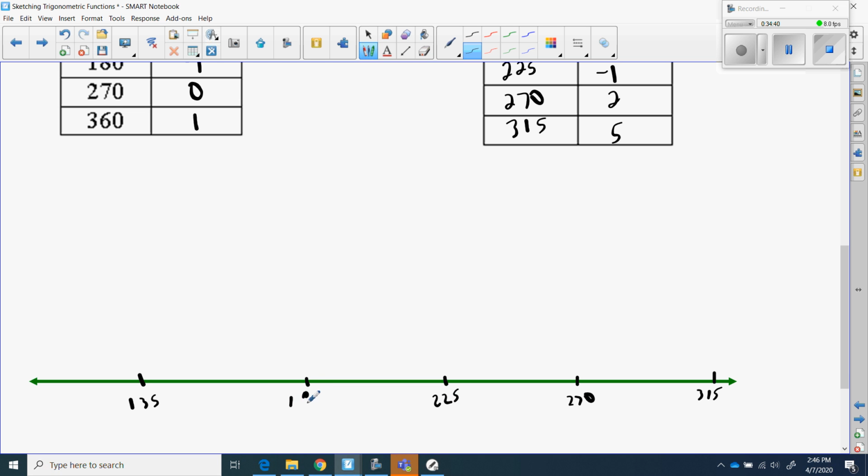And this one was 180. Well, the problem here is the y-axis would actually be way over here somewhere off the left of the page. I don't want to do that, so I'm going to actually put my y-axis in just over here, like so. Now remember, it goes up to 5, so you're going to have some room up here. There's my y-axis.